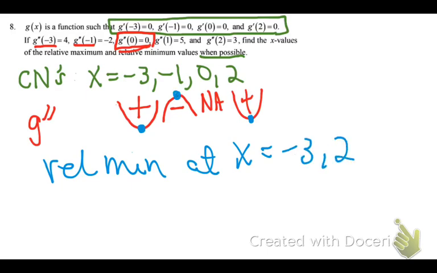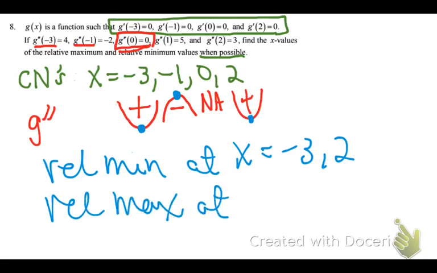And then we have a relative max at x equals -1. So we're not able to actually find what that maximum output is or that minimum output is because we don't actually have the original function. So note, this was just asking us for the x values where these happen, not what they actually are.